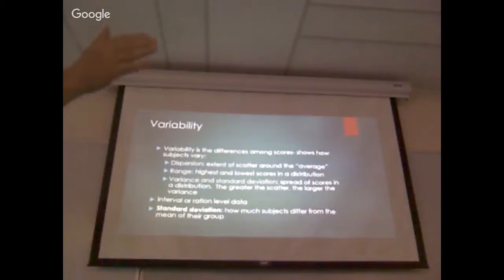What we do is say that a little over 68% of that population is going to fall within plus or minus 1 standard deviation from the mean. So with the Wechsler Adult Intelligence Scale, basically what you're saying is that 68% of that population is going to fall between an IQ of 70 and 130. And then 95% of that population between an IQ of 55 and 145. And again, that's how we're going to interpret the difference.